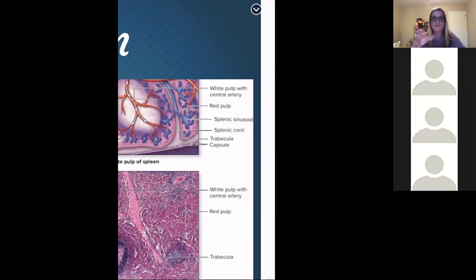On that video I mentioned, in the second part he really explains how the erythrocytes leave the central artery. They enter the tissue of the red pulp, and then macrophages break these erythrocytes down.